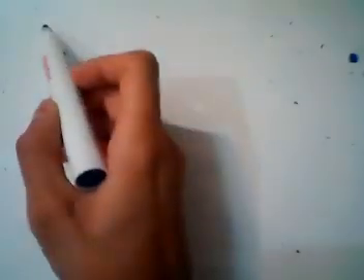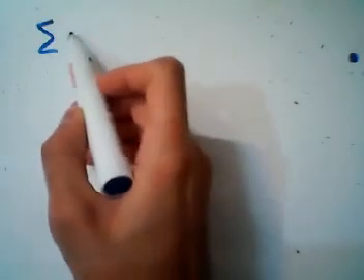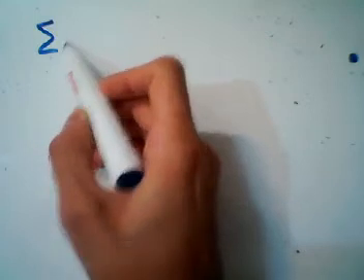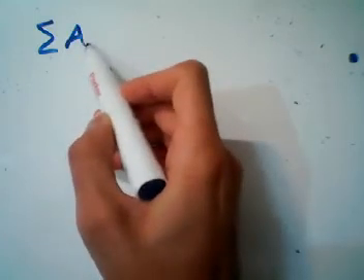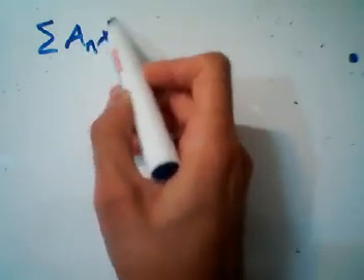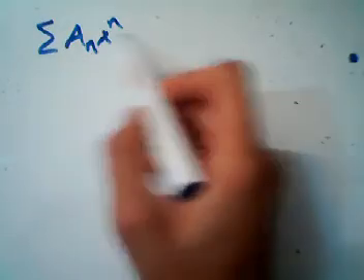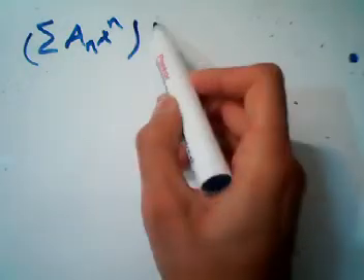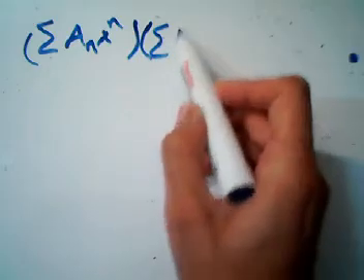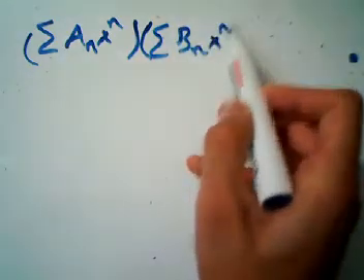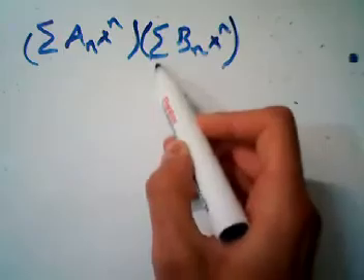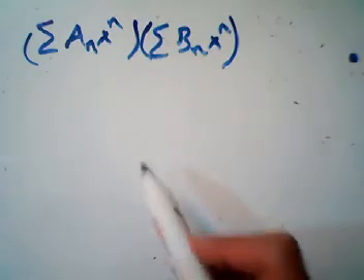Okay, it happens sometimes that we need to multiply two power series, say sigma an x to the power of n from 0 to infinity times sigma bn x to the power of n, from 0 to infinity.